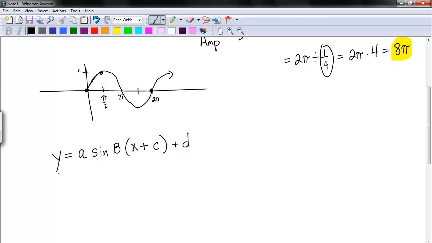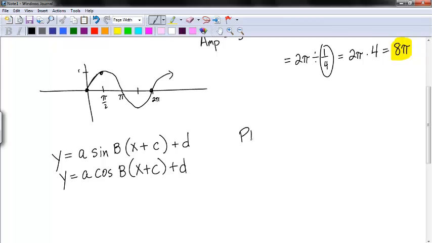And it's the same thing if you have cosine: y equals a cosine b, and then x plus c, and then plus d. So the two new letters are the C and the D.